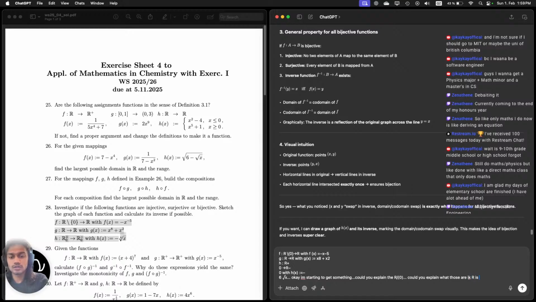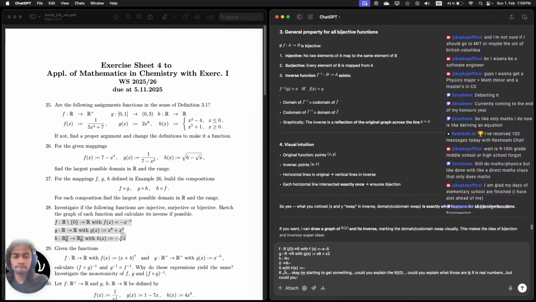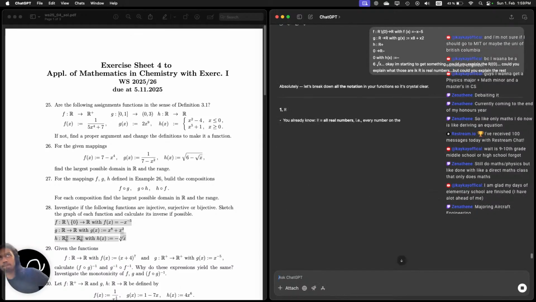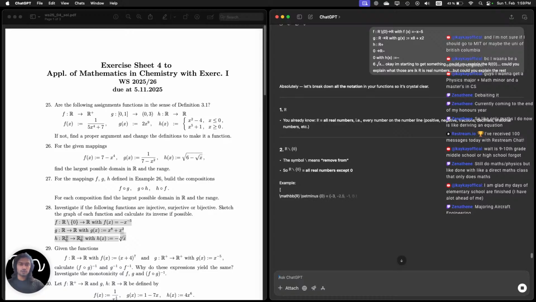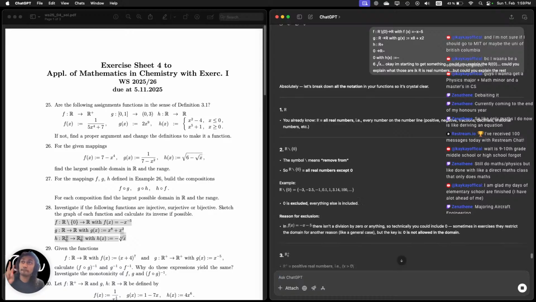I know R is real numbers, but it's 2, okay? I spent about 1 hour 30 minutes just understanding a question. I still haven't solved it. That's when you know you're pretty slow.